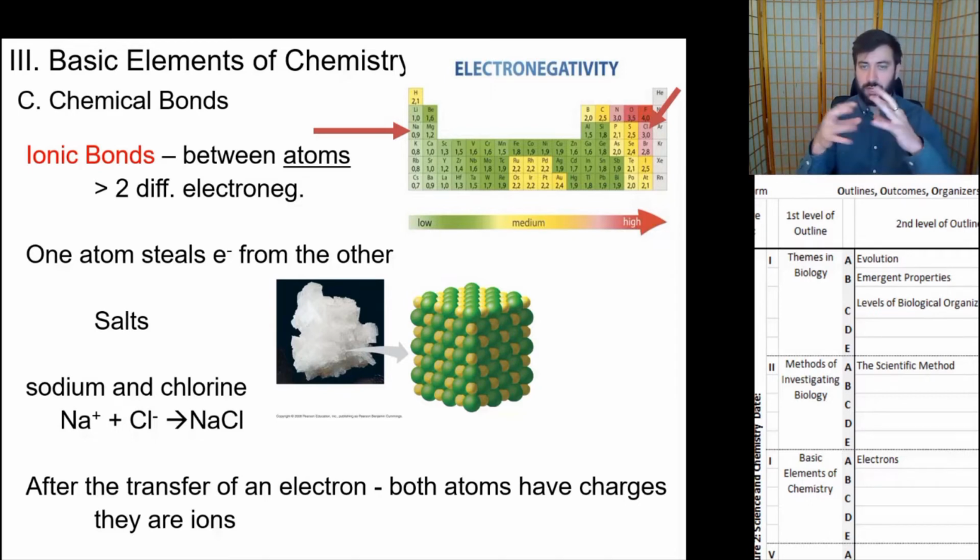So they're still in this formation, but you have one that is more positively charged, one that is more negatively charged because of how they have exchanged these electrons, and so they're now ions. A sodium ion and a chlorine ion.